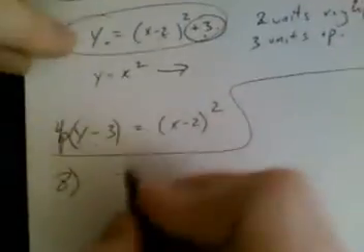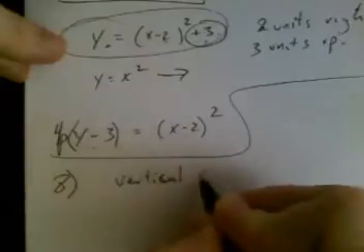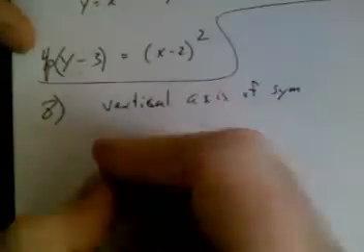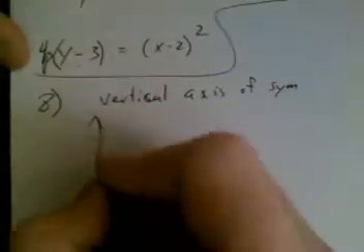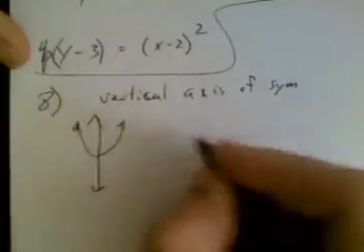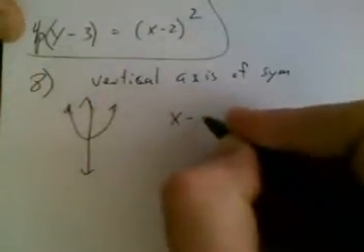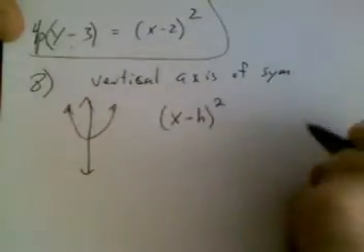But that's okay. So, let's assume we have a vertical axis of symmetry. That means my axis is going to go in an x equals fashion. I'm going to have the parabola go something like this, which means my x term has to be squared. So I'm going to have x minus some number. What number would that be? That'd be the h, squared.